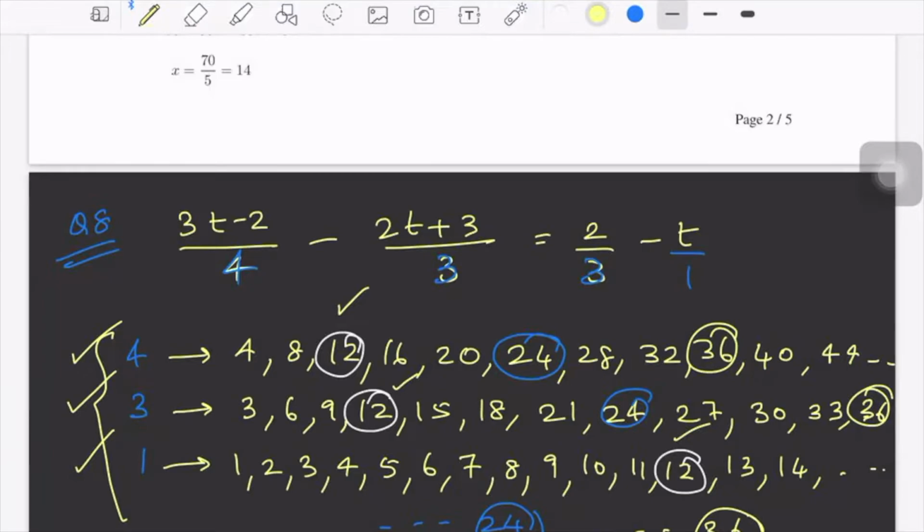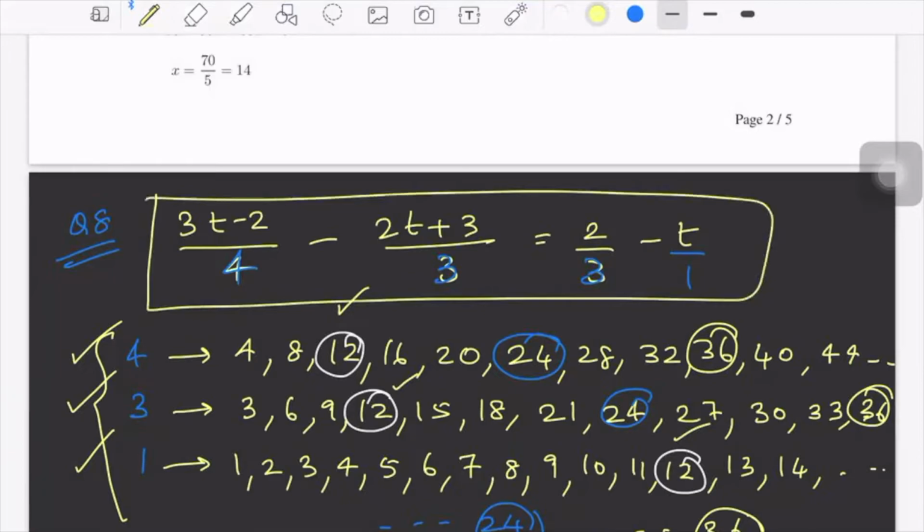Now the idea is, if you multiply the entire expression with any of these numbers, 12, 24, 36, 48, the denominators will go away. But you don't want to multiply with any random number, right?